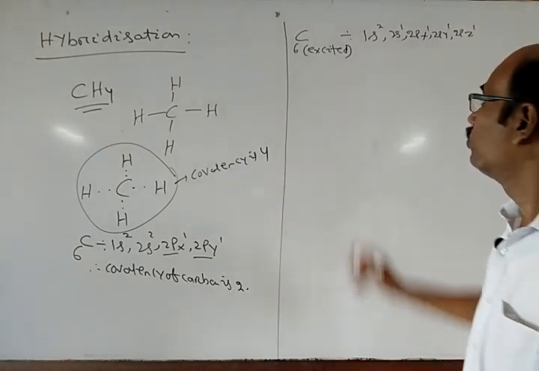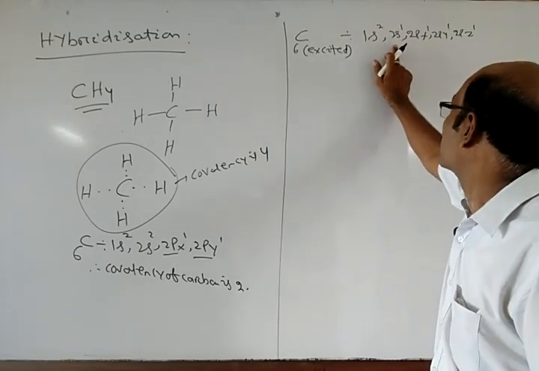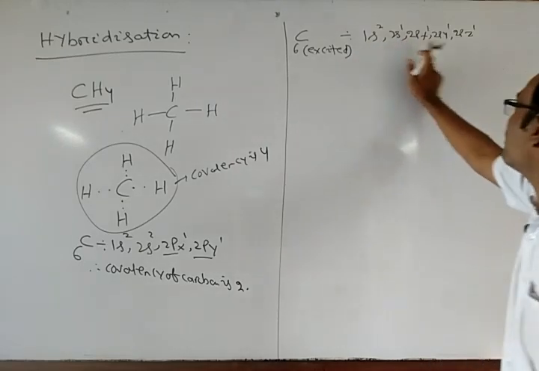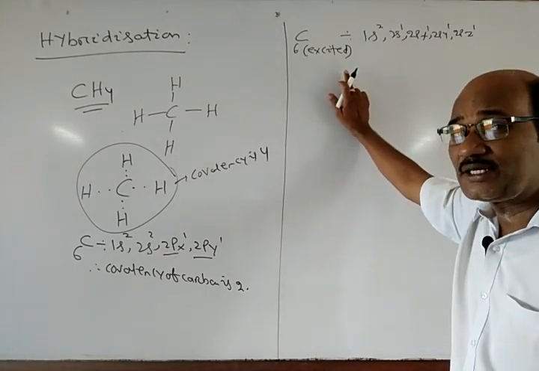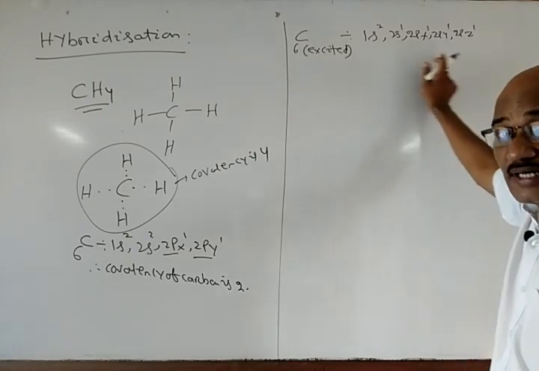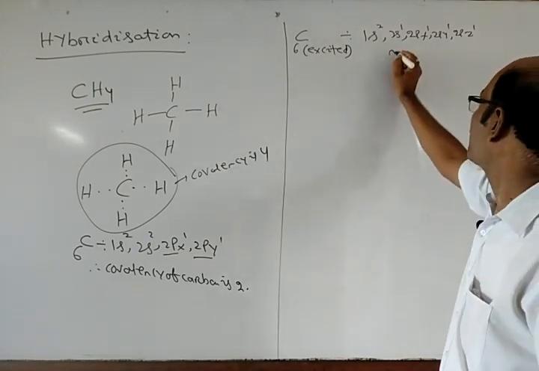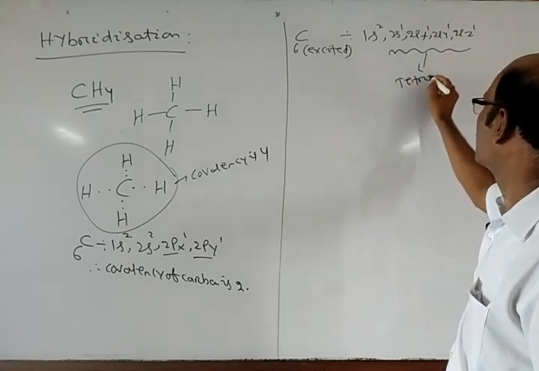That means 1 electron from 2s jumps to 2pz by excitation. If by excitation 1 electron from 2s jumps to 2pz, then I can get tetracovalence.